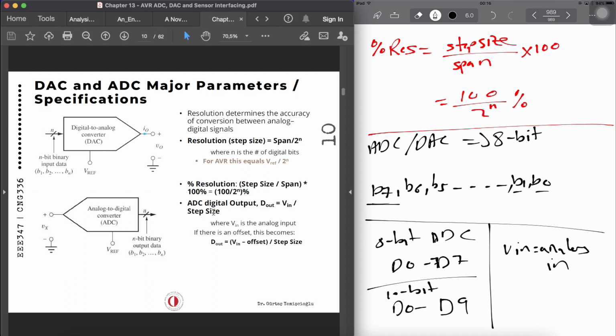So that's how we can find the digital output. Based on these parameters, let's do a couple of examples in order to understand how these parameters affect the calculations.